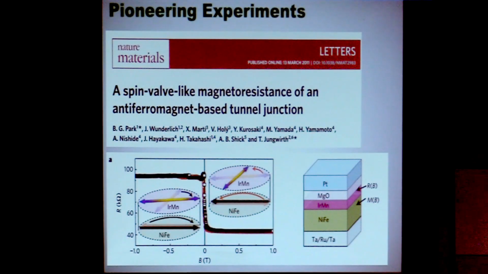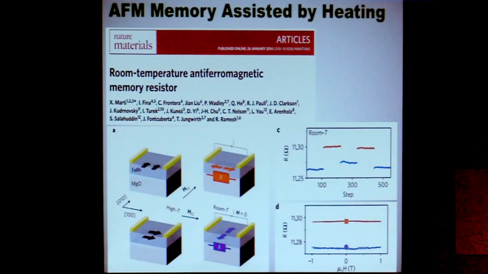Of course, in 2011, Thomas's group did similar work, where they reversed the order of the antiferromagnetic layer and the ferromagnetic layer in an asymmetric structure, and they demonstrated that at low temperature, for example 4K, it could nicely work.